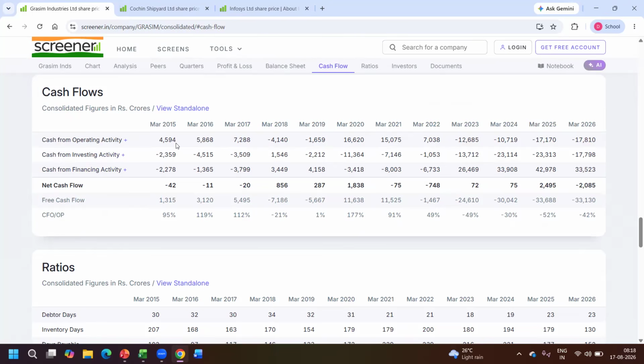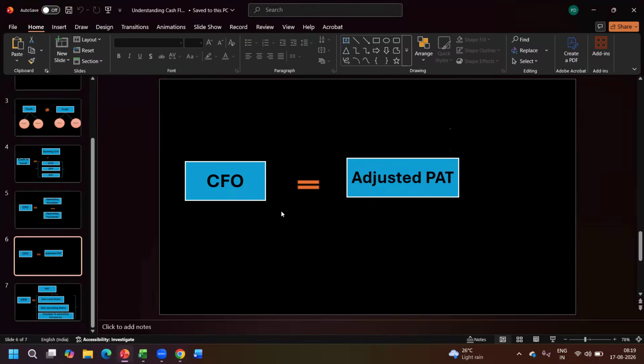So why is cash from operation not the same as profit after tax or profit in general? As we mentioned, profit is as per accrual, cash is actual.